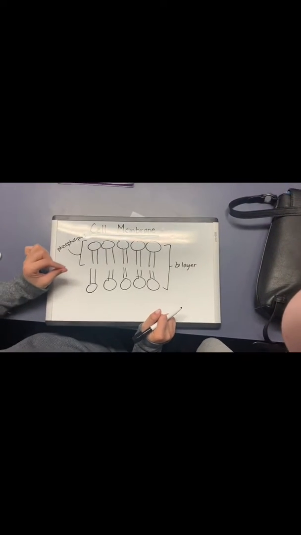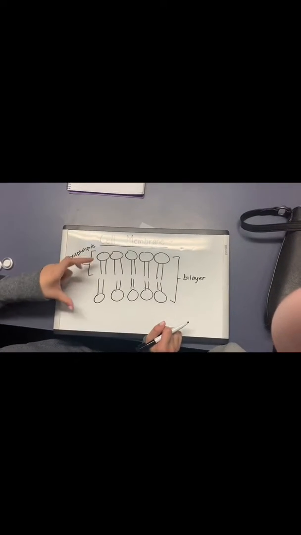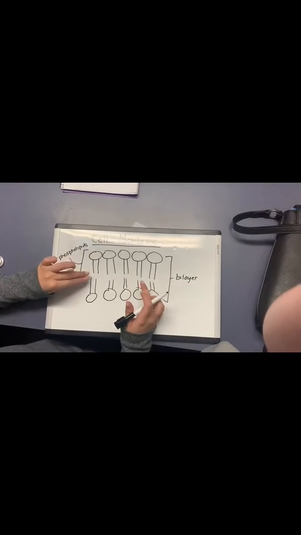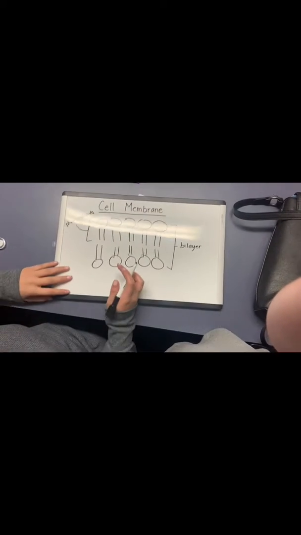It's shaped like a bilayer just so that the tails and the heads are both where they like to stay. So the tails don't touch the water, they touch each other, and the heads are in the water.